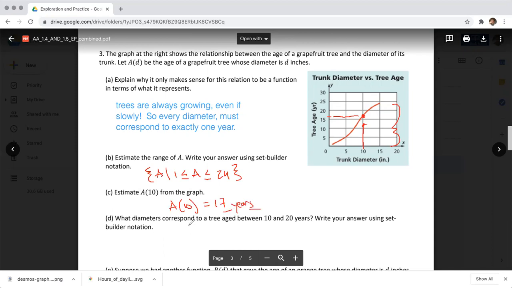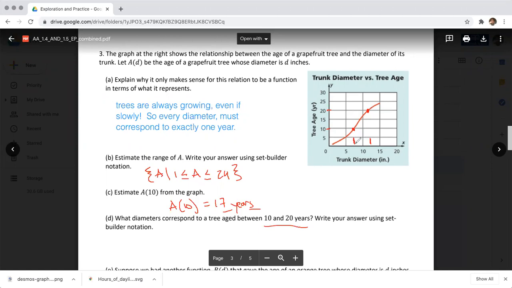What diameters correspond to a tree aged between 10 and 20 years? Well, a tree aged between 10 and 20 years, so here's 10 and here's 20. And so if I come over to the graph over here, that's this point here and this point here. So now I need to find the trunk diameters that correspond to that.